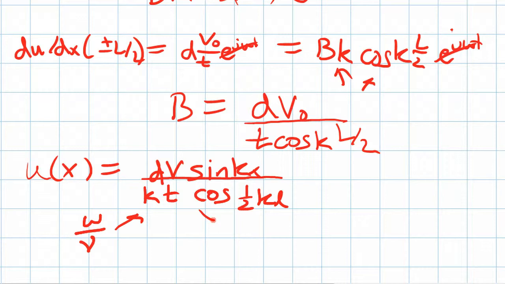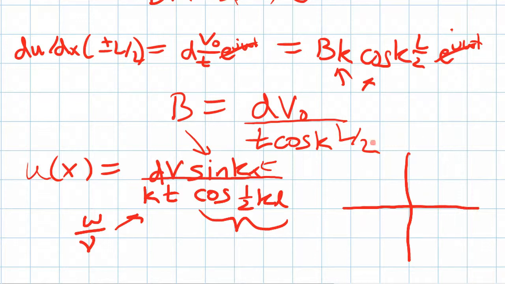If we examine this, one part tells us the amplitude and the other part tells us the relative shape. The top part, sine kx, tells us, as we move along the material, how the strain and the displacement will change.